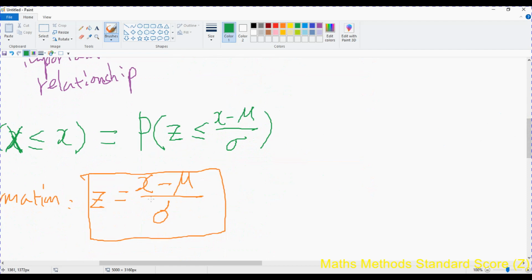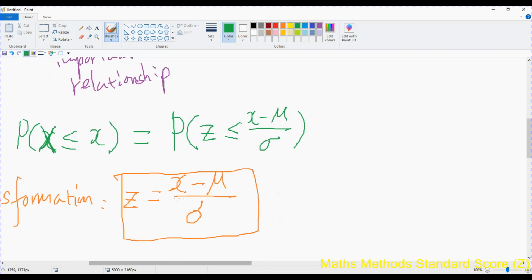that transformation is very important, because once you know the z value, that basically means what would be the relative position of that score in a standard normal distribution. Okay, and we can interpret that a little bit. How about x minus mean? You can see it is just the difference between x and the mean, right?